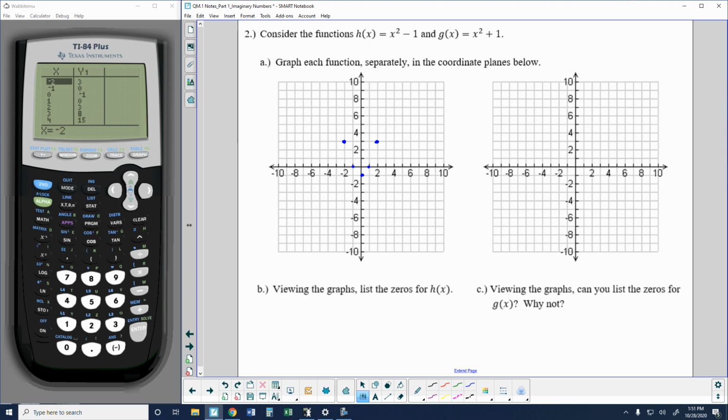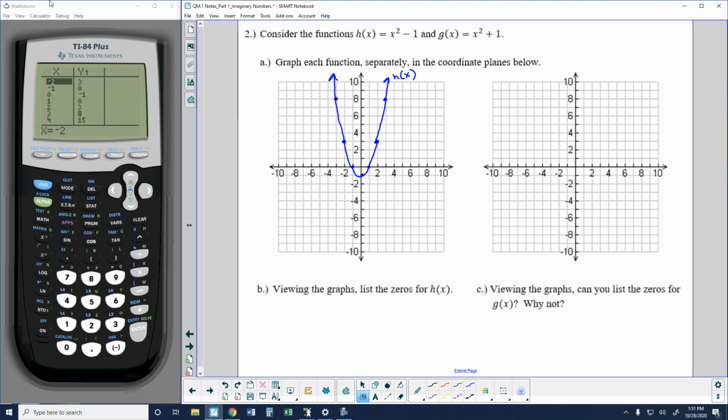I'm going to have the point (3, 8) and (-3, 8). And all other points will end up off my graph. So here is the graph, rough sketch, but here is the graph for h of x.